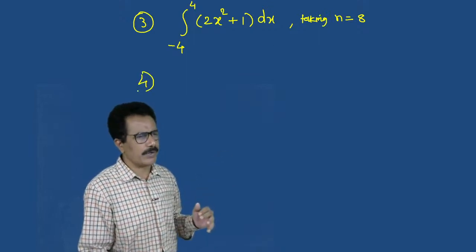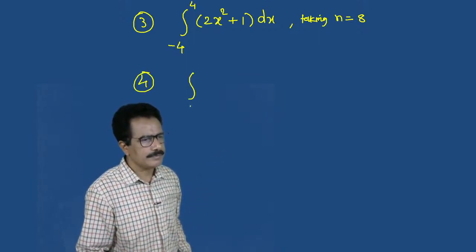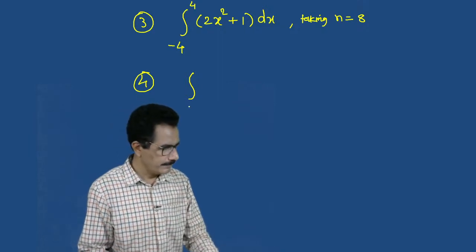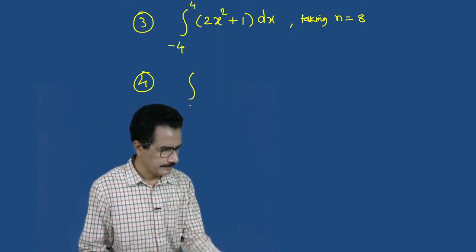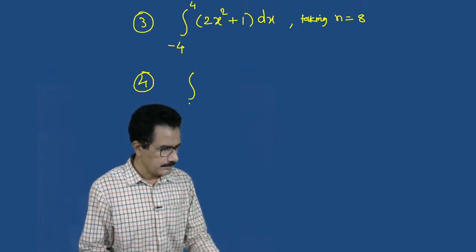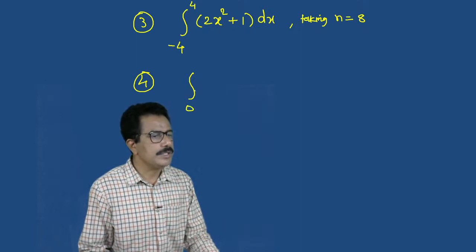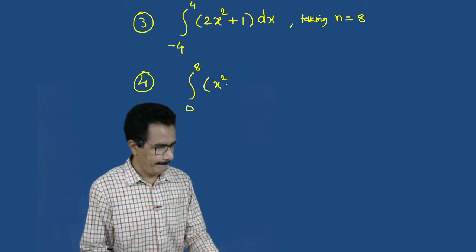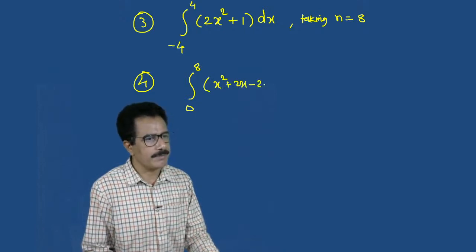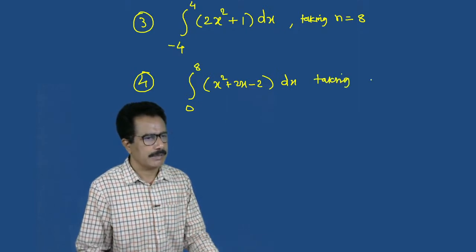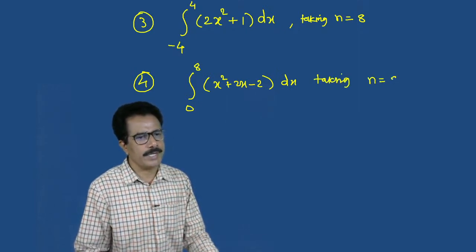Same process for integral from 0 to 8 of x square plus 2x minus 2 dx, taking n is equals to 8.